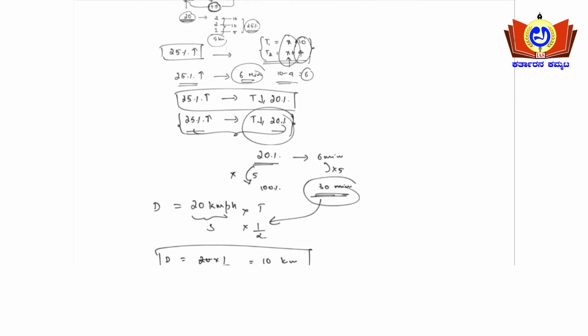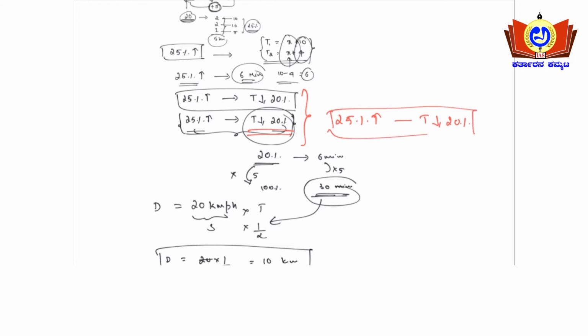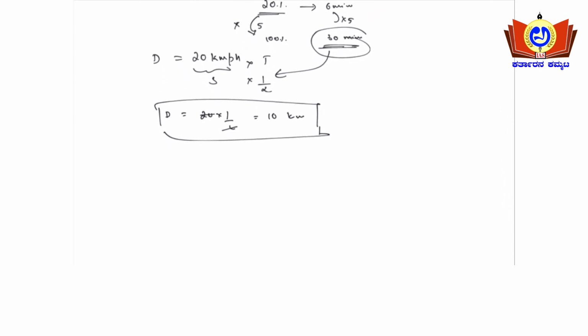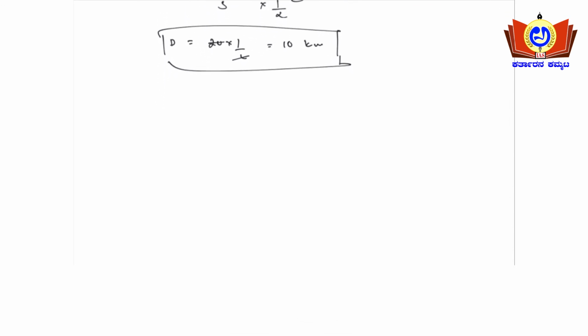This is the crucial part here. See friends, this is the crucial part. For a 25% increase in the speed, time will be reduced by 20%. When you get to know this ratio clearly, see, I'll be explaining this with an example here. Okay, this is how the process goes. Say for example, speed S1 will be 100 kilometers per hour.